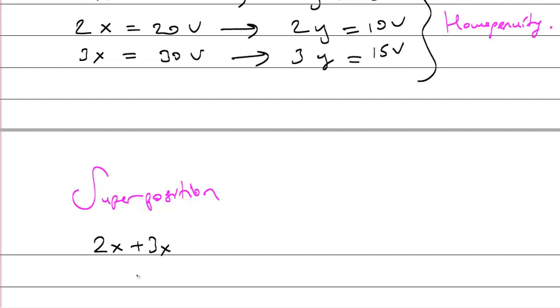If I apply the summation of these two inputs, the output should be the summation of these two responses. The response of 2x is 2y, the response of 3x is 3y. So if I apply 50 volts, the summation of these two inputs, the output will be the summation of these two outputs, which is 25 volts. Okay.